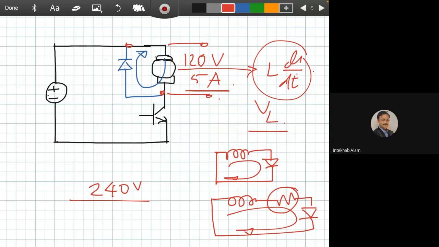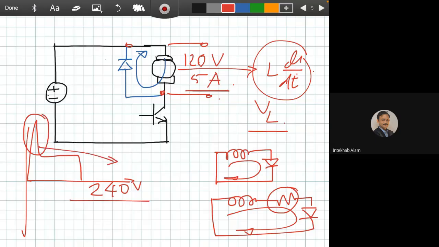We have a 120 volt input and L di/dt is actually 240 volts. It will happen in this form, a spike. You can see this type of spike in the circuit. Actually, this is the L di/dt spike.